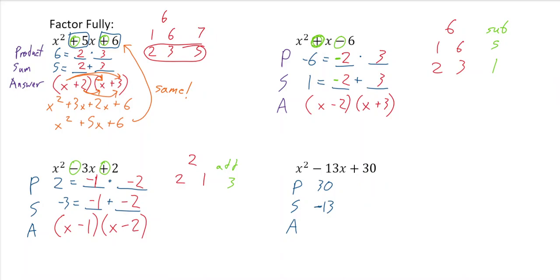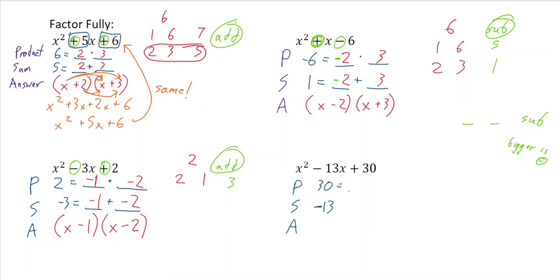So this was adding, and this was subtracting. If you had a double negative, you'd also subtract, but the bigger number is negative. Okay, just interesting. Let's continue with this question.